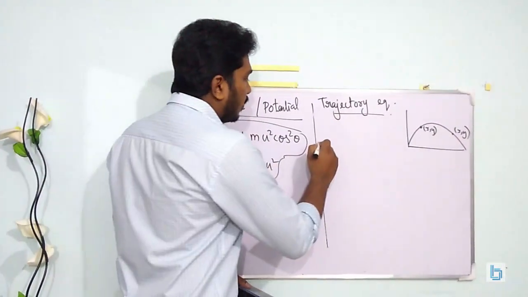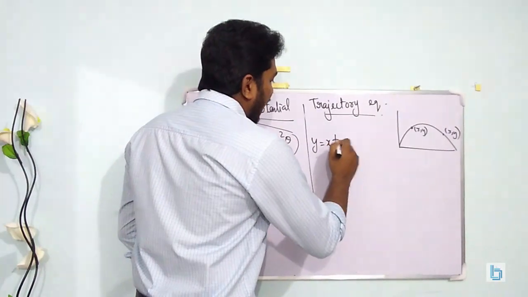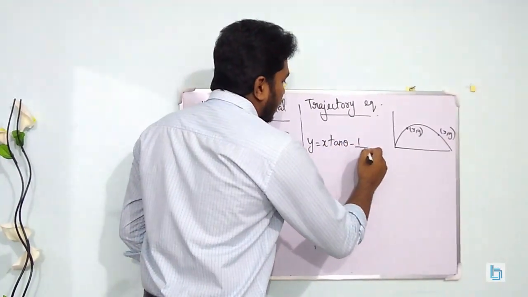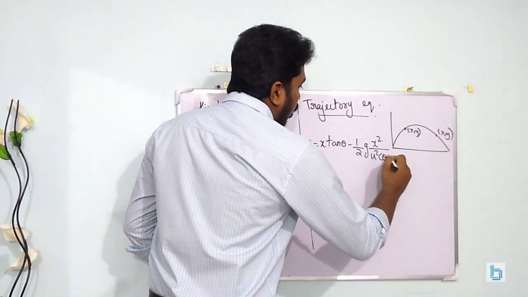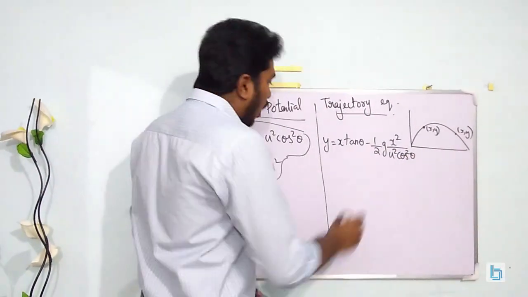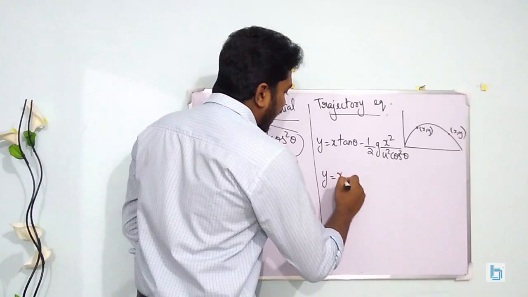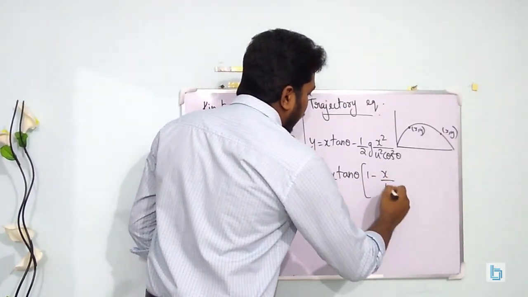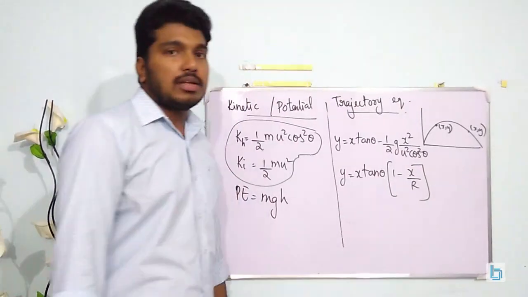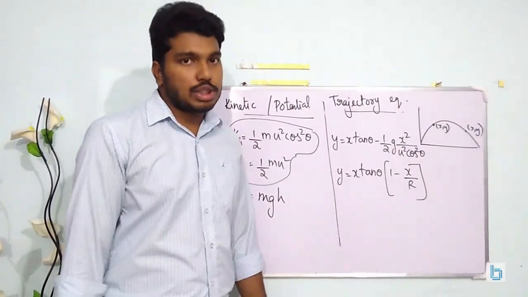The equation is given by y is equal to x tan theta minus half g x square by u square cos square theta. Or this is also given by y is equal to x tan theta into 1 minus x by r. That's another way of representing the same equation.